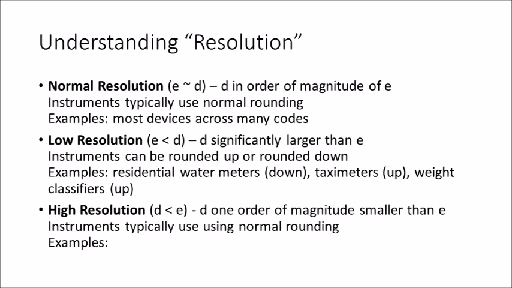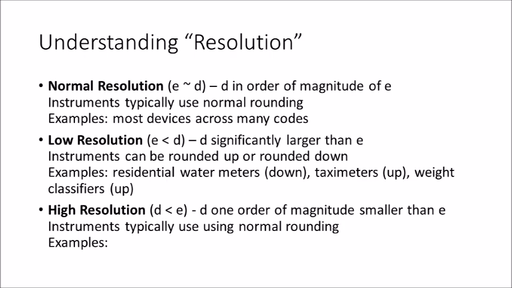There are also low resolution instruments where the scale division D is significantly larger than E. What we find is these instruments can either be rounded up or rounded down in their rounding. They're not normal rounding. So, for example, we have residential water meters that are rounded down. We have taximeters and weight classifiers that are rounded up.